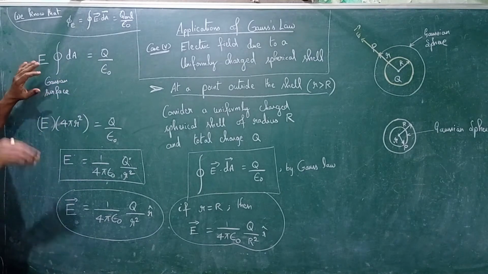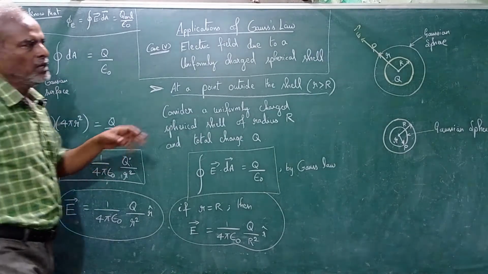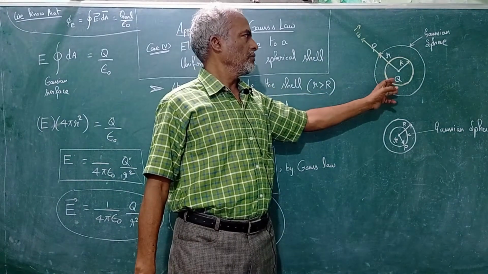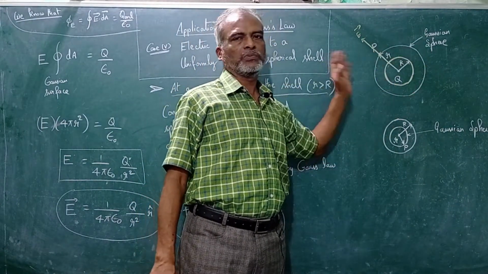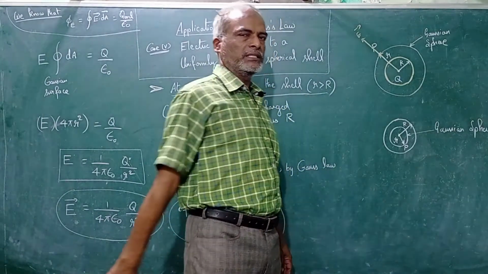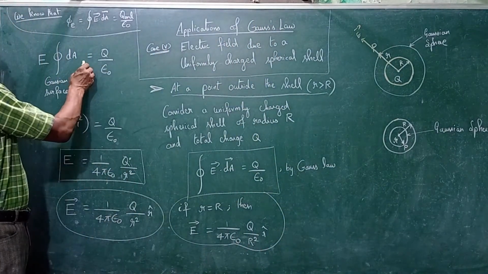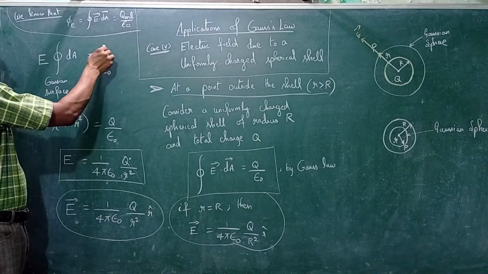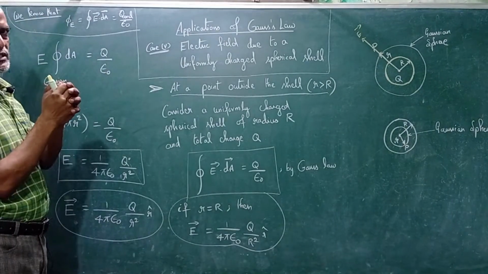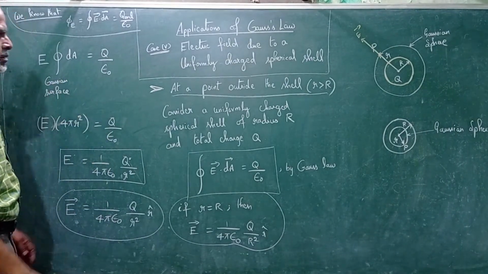So we are considering the Gaussian surface. That means the spherical shell is here and we are considering a Gaussian sphere outside the shell, which is equal to q by epsilon naught. That is charge enclosed by the Gaussian surface divided by epsilon naught.